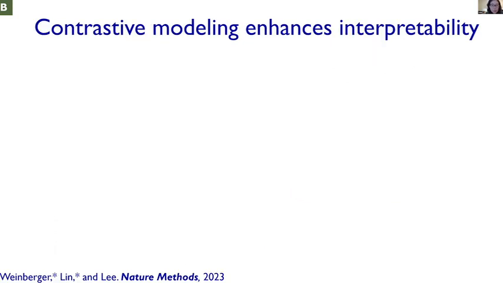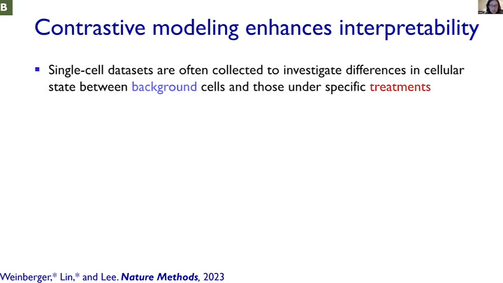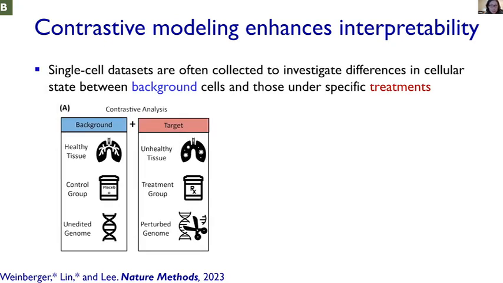Okay, so now in a more recent study, we tried to come up with a way to make an interpretable model for single cell data sets. Single cell data sets are routinely collected to investigate the changes in cellular states between control cells and corresponding cells in a treatment condition, such as exposure to a drug, infection by a pathogen, or a disease condition.